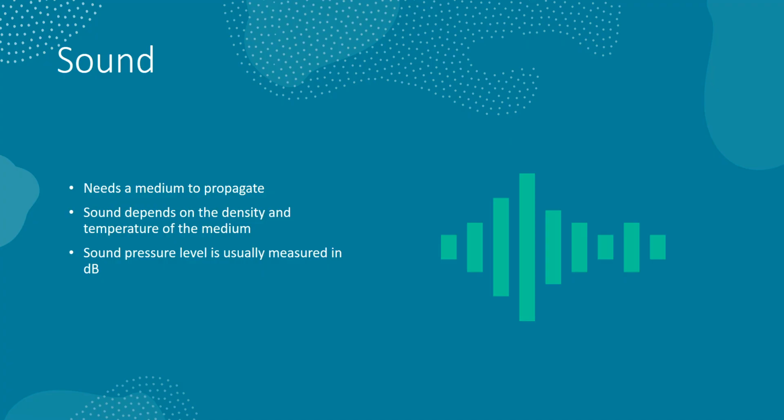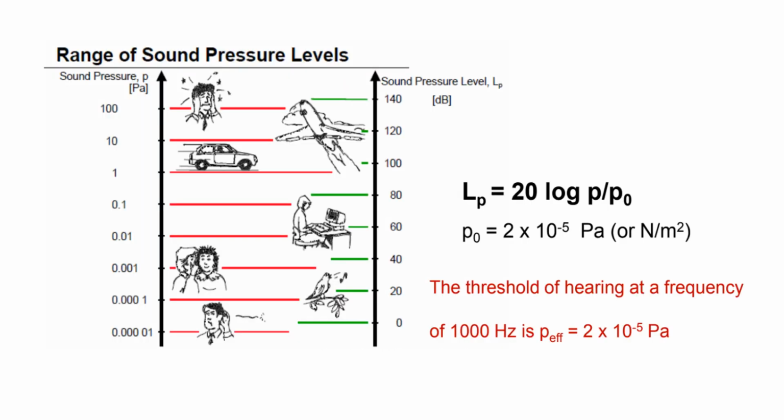For that purpose we use sound pressure level, and the unit is decibels. You can see on the left side of this chart is actually sound pressure, measured in pascals, and as you see, a human can perceive sound in this huge spectrum of ranges. A person can hear a sound at 0.2 into 10 to the power minus 5 pascals, and the same person can hear sound at 100 pascals also.